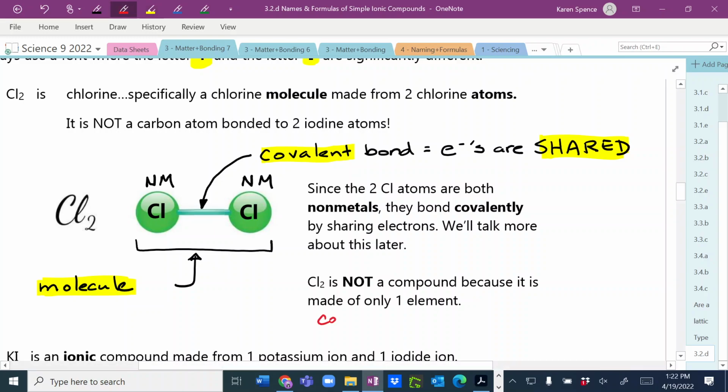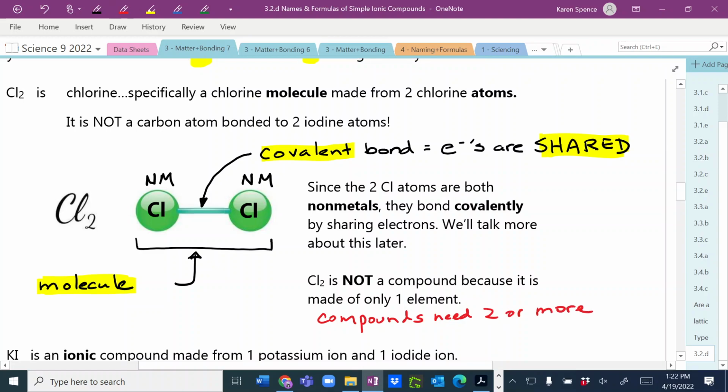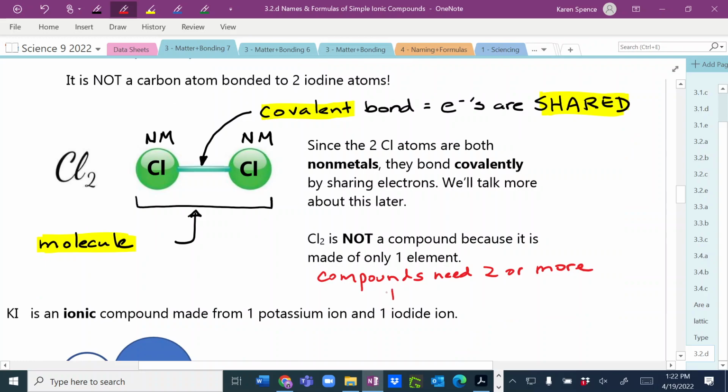Compounds need two or more different elements. So chlorine is not a compound.